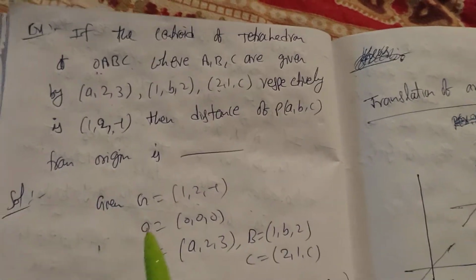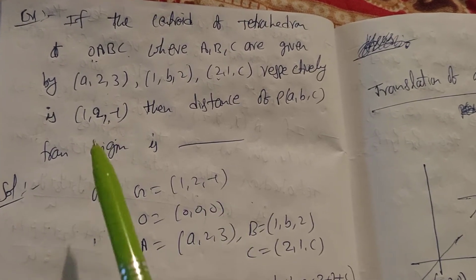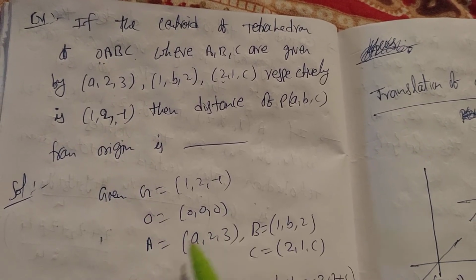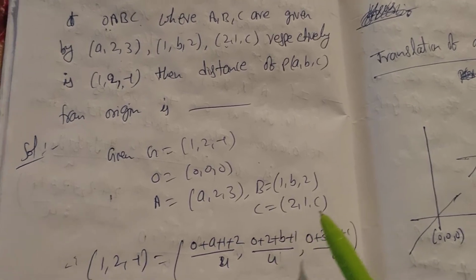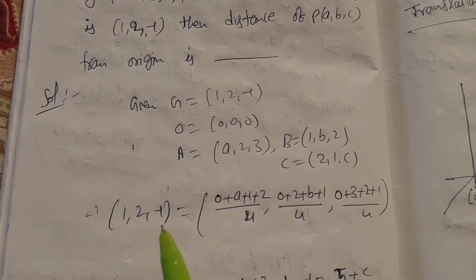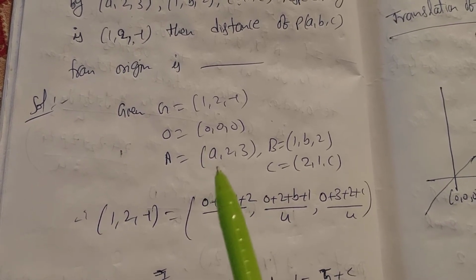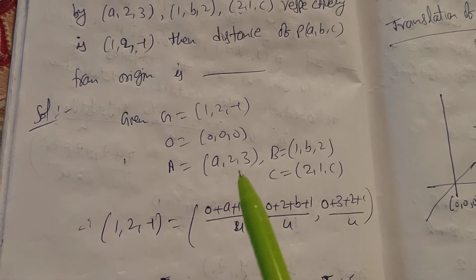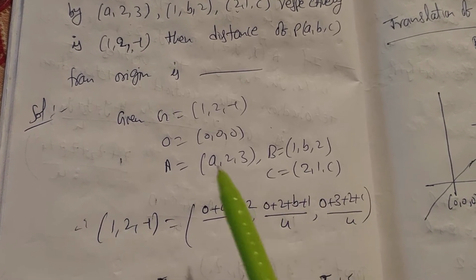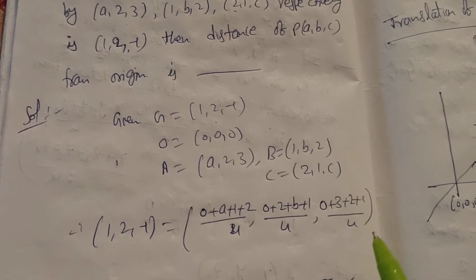Okay, so G is equal to 1, 2, minus 1, they gave. This is the point, and O is 0, 0, 0, A is A, 2, 3, B is 1, B, 2, C is 2, 1, C. Now 1, 2, minus 1, that is the centroid, is equal to x1 plus x2 plus x3 plus x4 by 4. So 0 plus A plus 1 plus 2 by 4, 0 plus 2 plus B plus 1 by 4, 0 plus 3 plus 2 plus C by 4.